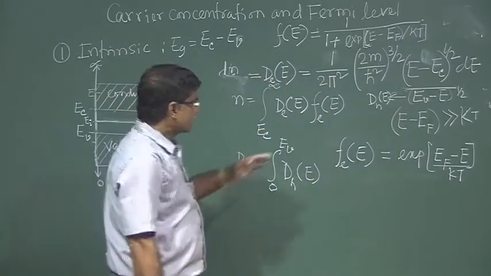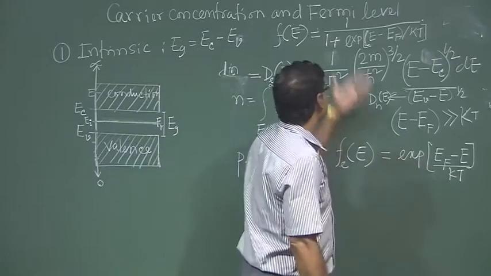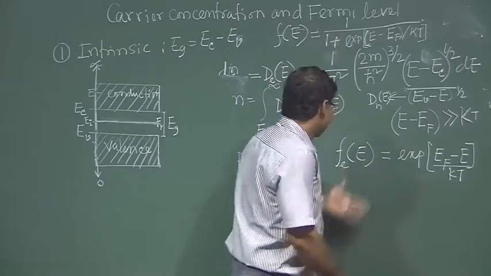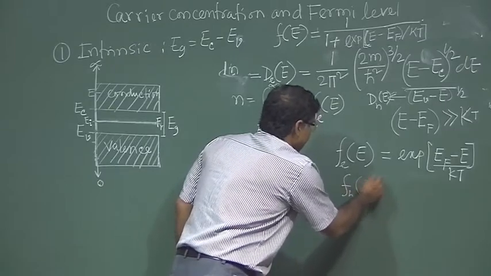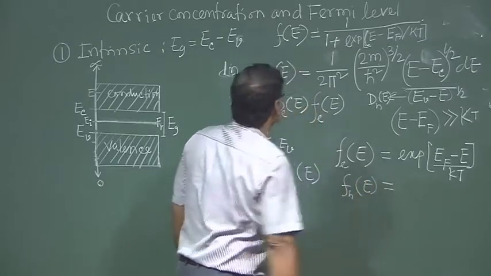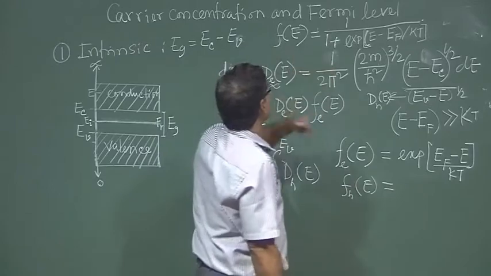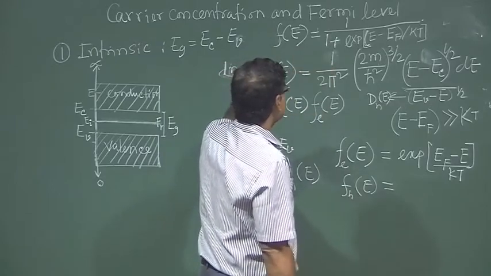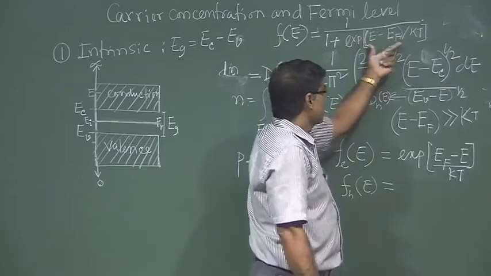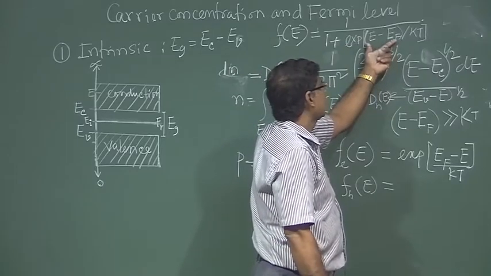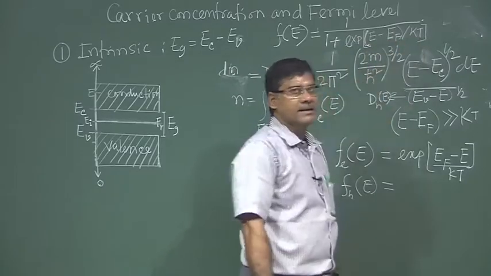So, and this Fermi distribution, it will be FH. So, in this case also we consider that this term is very greater than this kT.